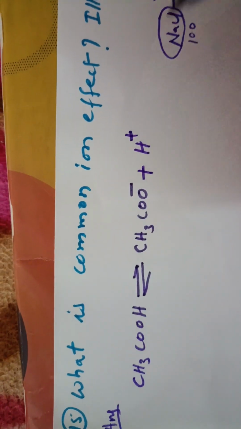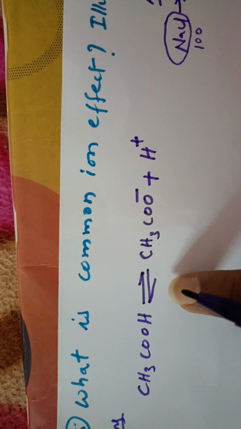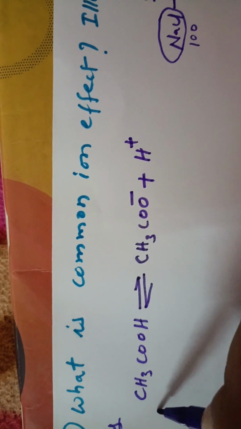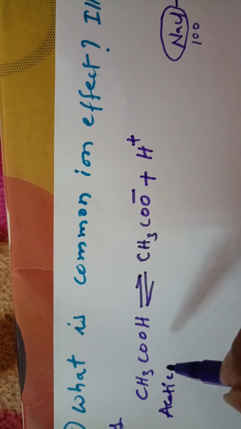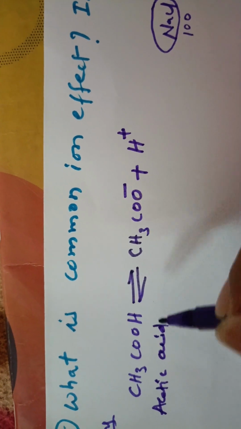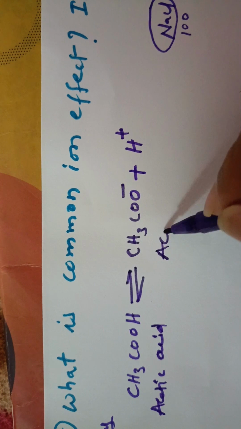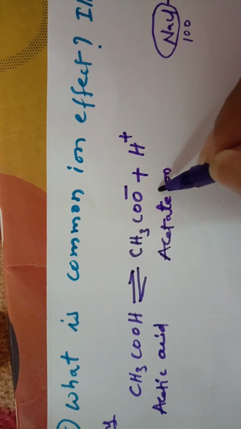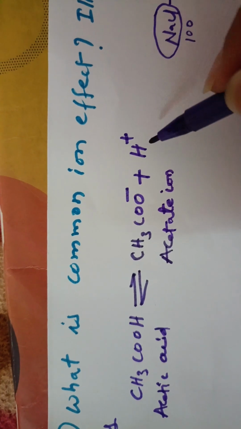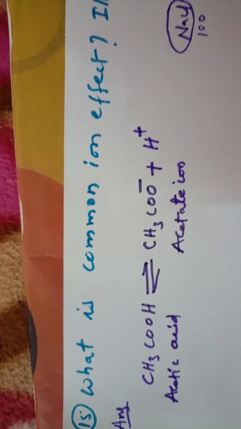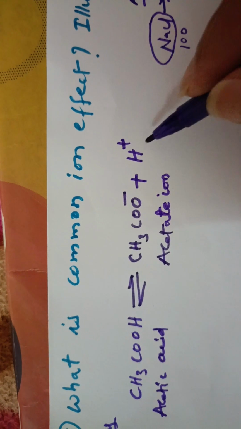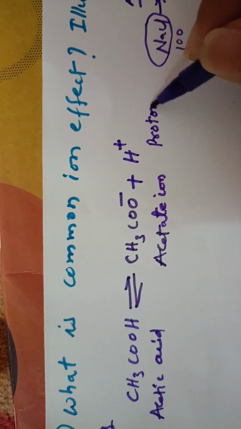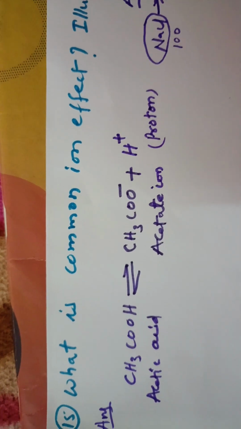So acetic acid gives the acetate ion, CH3COO minus, and H plus ion, which is simply a proton.